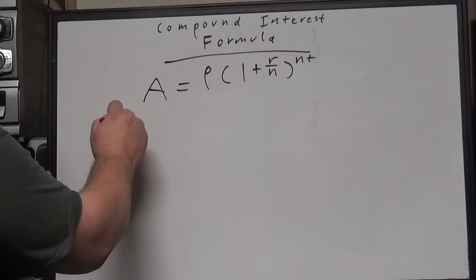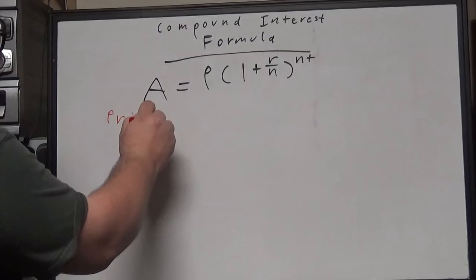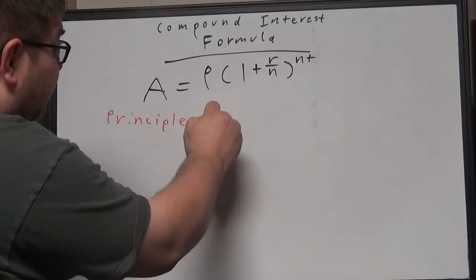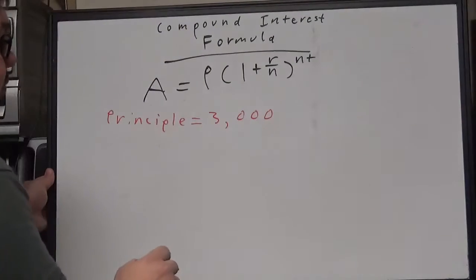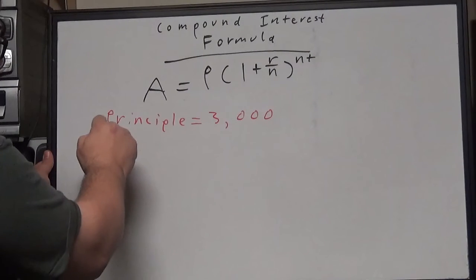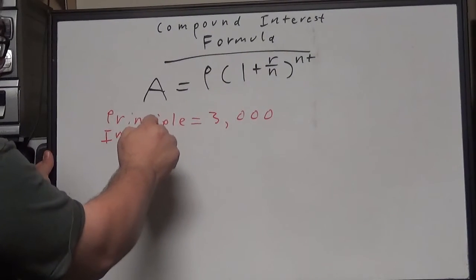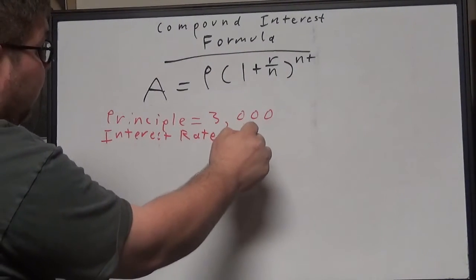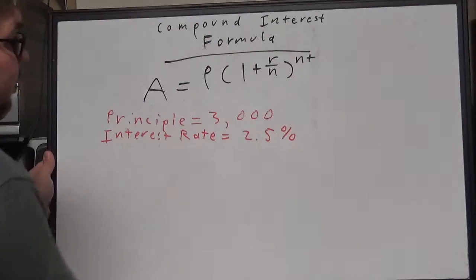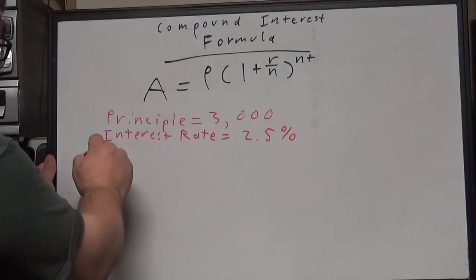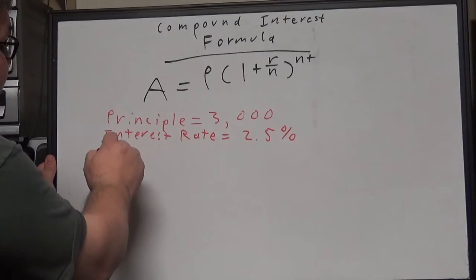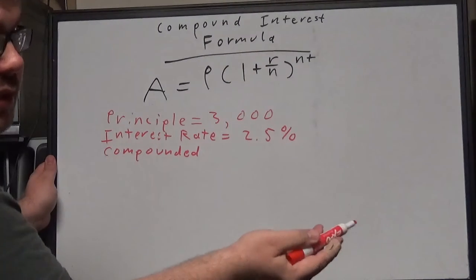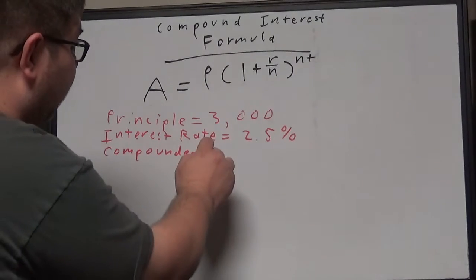Let's assume we have the following problem. Let's have a principal of $3,000 and an interest rate, let's call it 2.5%. And let's say that it is compounded twice a year, I'll call it.